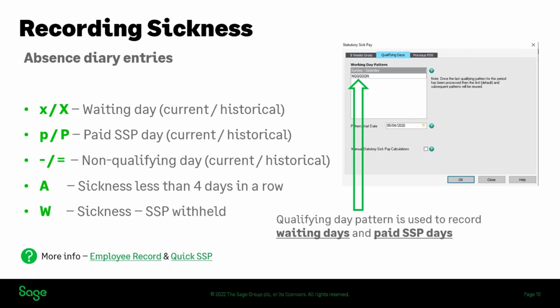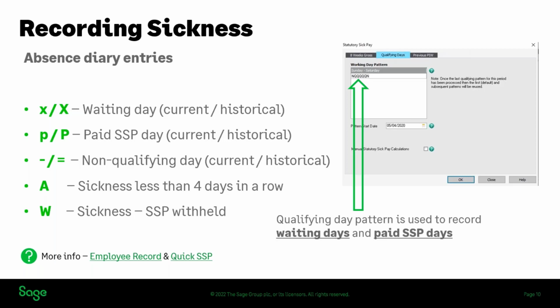So I'm just going to run through what they mean and you'll see them in the demo. So the X, or a capital X, is a waiting day. The capitalization comes after you've updated records, so then it becomes historical. So that's one way of checking whether or not you've already paid for that SSP or whether it's due to be paid. So when it's lowercase, it's current. When it's uppercase, it's historical.